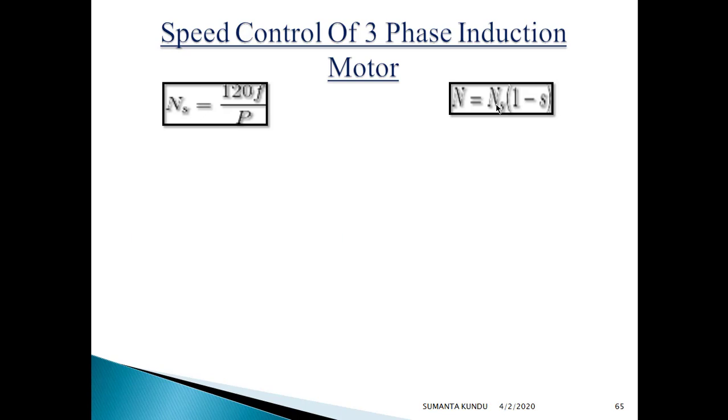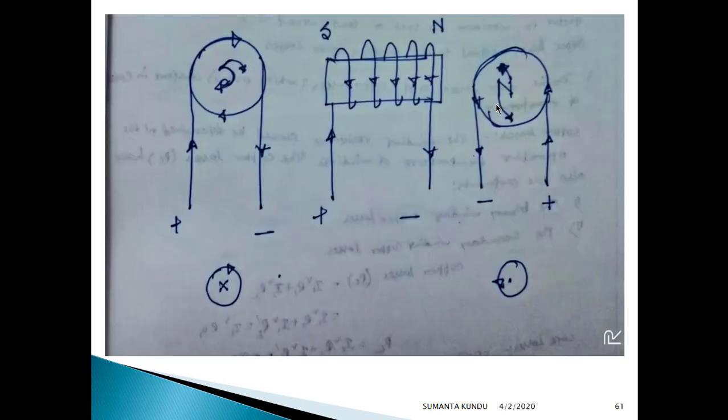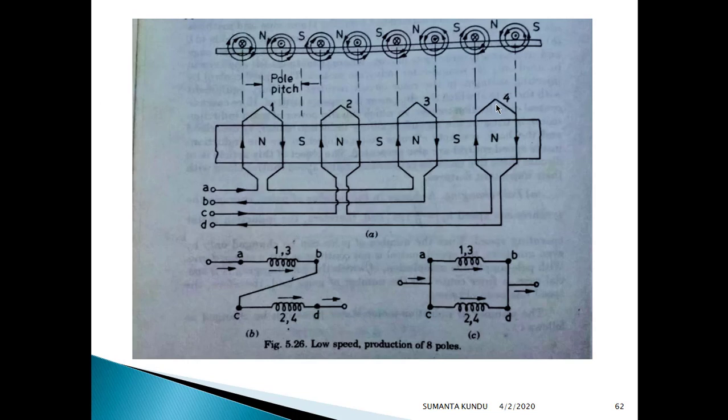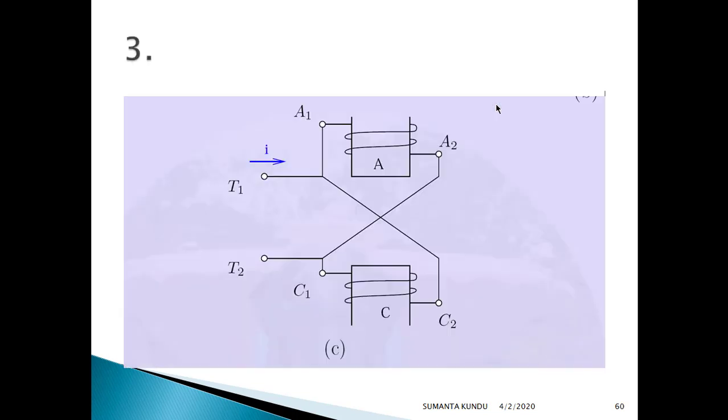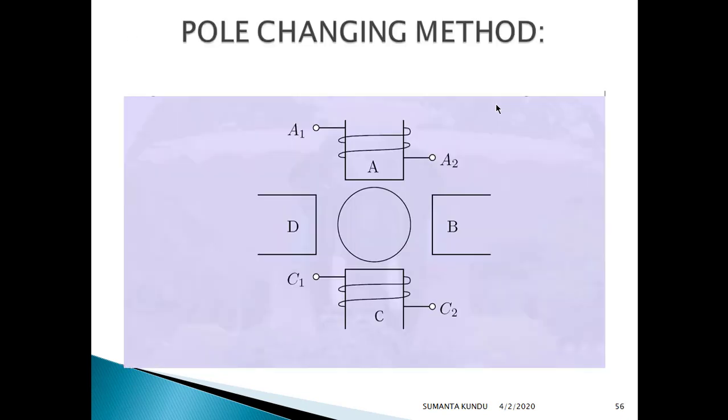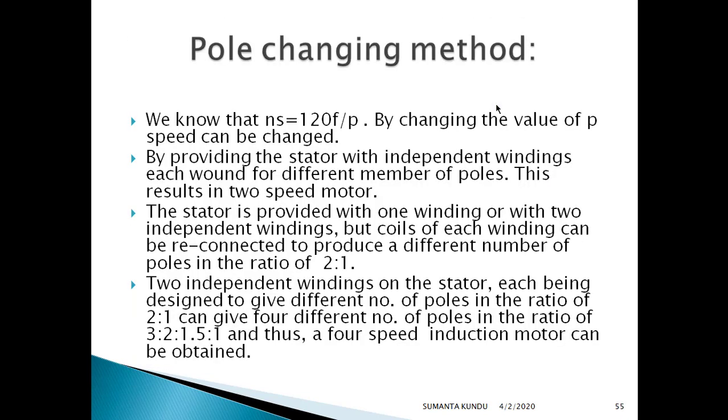Now the next method is the consequent pole method. By changing the poles, we can change the speed of the motor, as we have discussed. In this method, the stator windings are combined, or rather wound, for different numbers of poles, which results in a two speed motor, and basically it is in the 2:1 ratio.